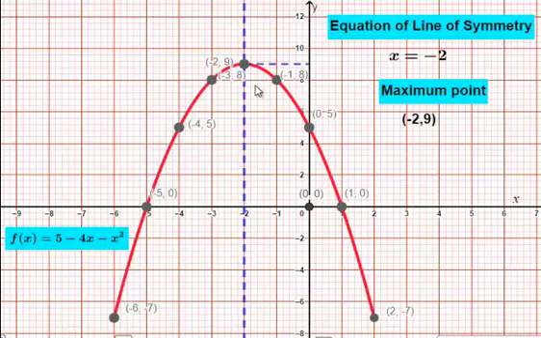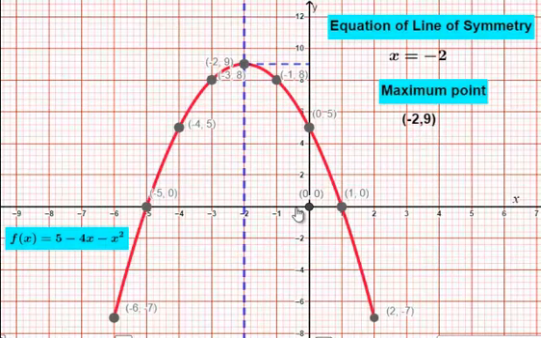And if they tell you to find the minimum point, then it gives you the clue that the graph opens upward. So to avoid that, they tell you to find the maximum or the minimum point. But on this graph, it is the maximum point, and that is the turning point would give us the maximum point, and that is (-2, 9).